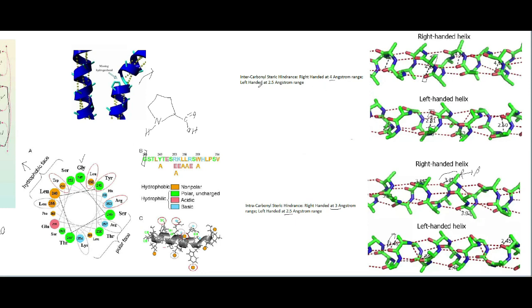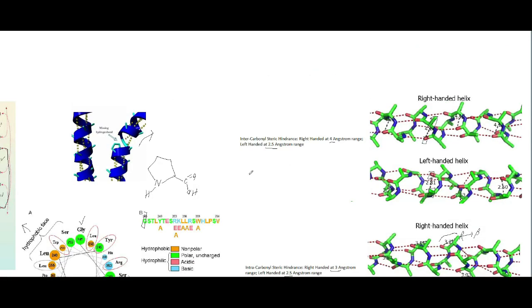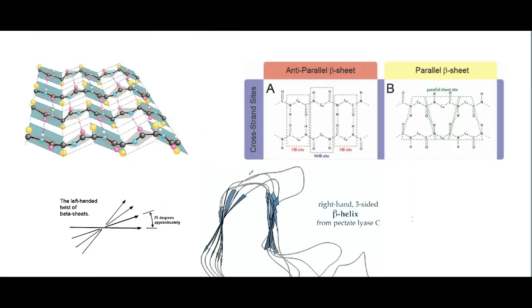So the left-handed has about a 2.5 angstrom range, and so you can see there would be more steric hindrance, which would make these left-handed helices less stable than these right-handed helices, and that's why right-handed is more favored and found more often in biochemistry here on Earth.